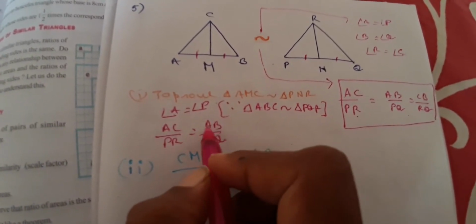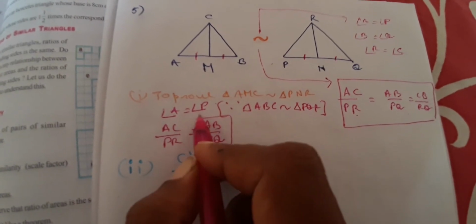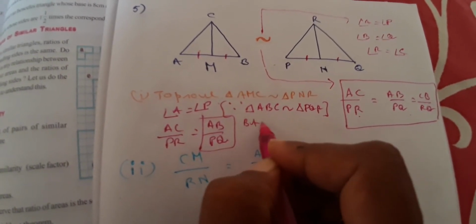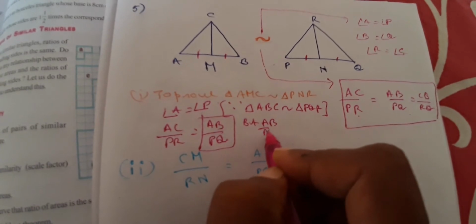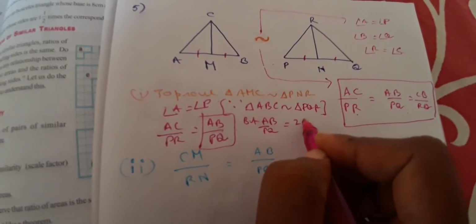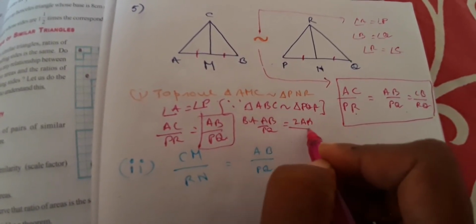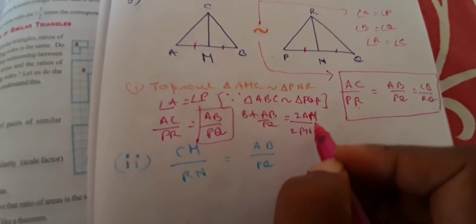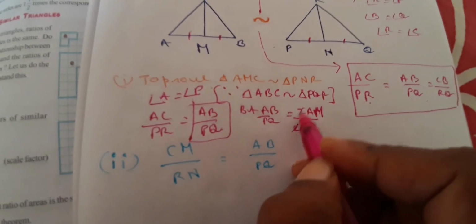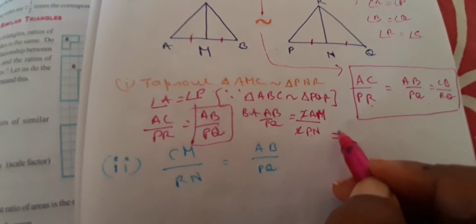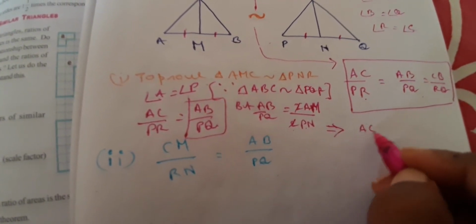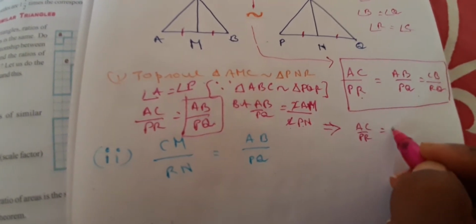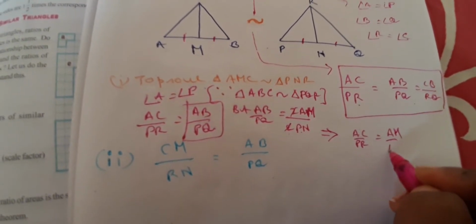So I will use this part, AB by PQ is equal to 2 times AM by 2 times PN. So that is AM by PN. Which implies that AC by PR is equal to AM by PN.